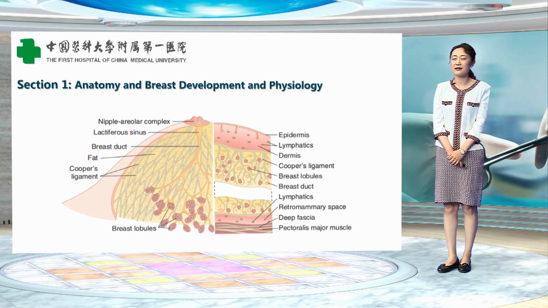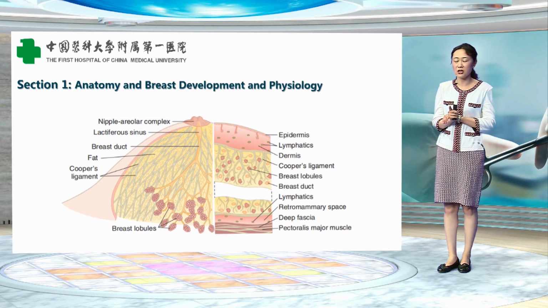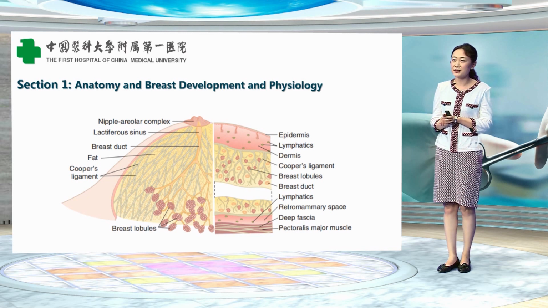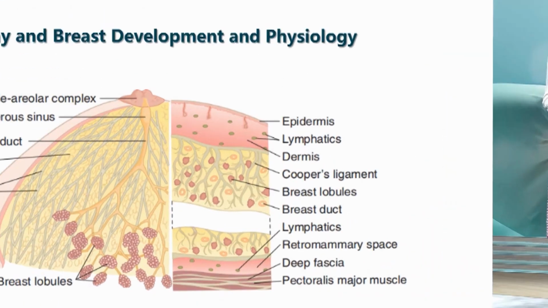There are fibrous bands that provide structural support and insert perpendicularly into the dermis, which are termed the suspensory ligaments of Cooper. This is a concept you should master because it is closely related to a very important symptom of breast cancer called skin dimpling.